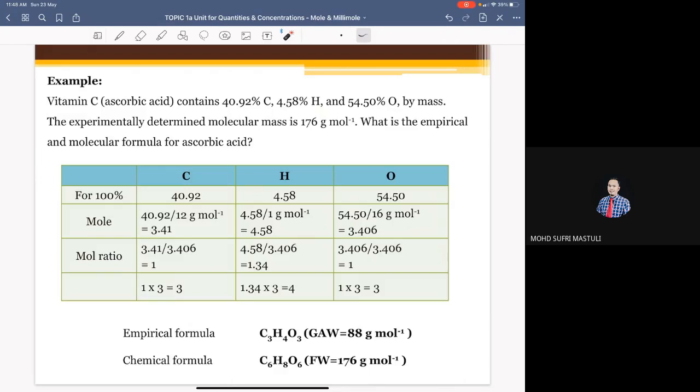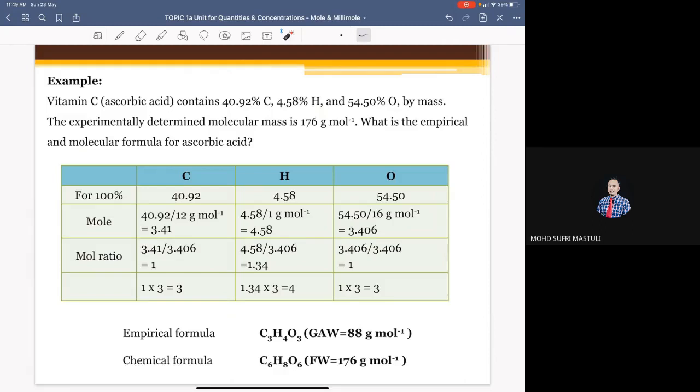The experimentally determined molecular mass is 176 gram per mole. So the question is asking what is the empirical formula and the molecular formula of ascorbic acid.